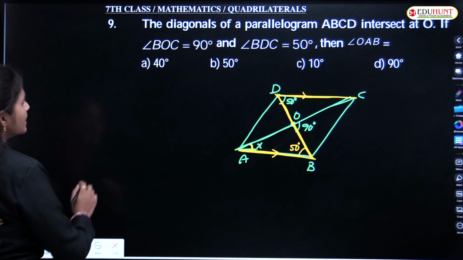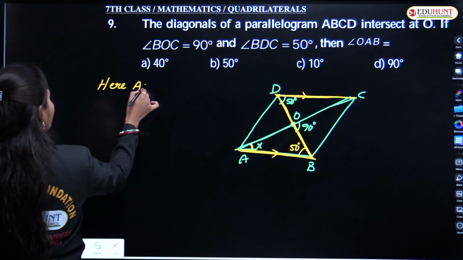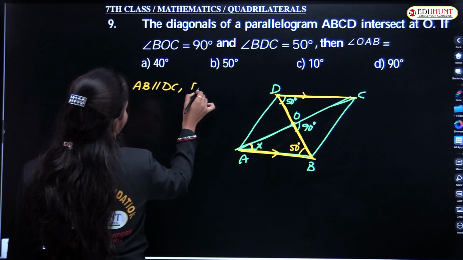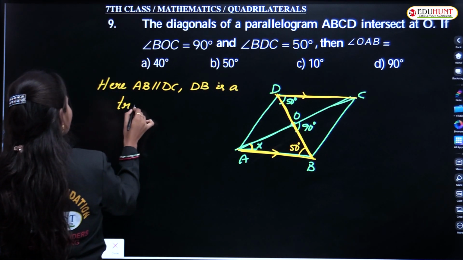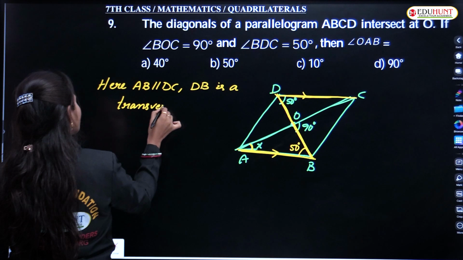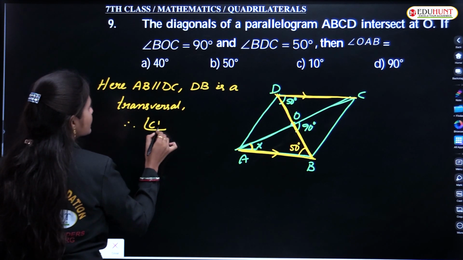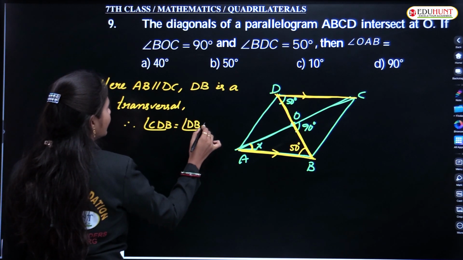Why? Because see here. AB is parallel to DC and here DB is a transversal. Here we can take that condition also, no? Transversal. Therefore angle CDB is equal to angle DBA.